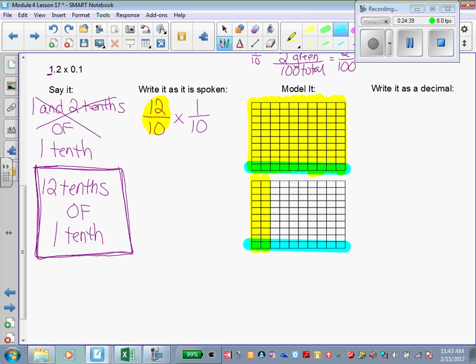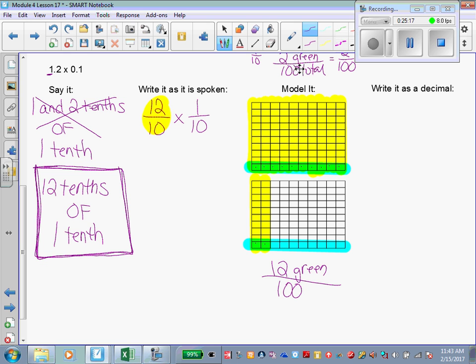And so looking now at just our green sections here, just the green ones, we have 1, 2, 3, 4, 5, 6, 7, 8, 9, 10, 11, 12 green. And I know that we might want to say that it's out of 200, but we're only counting it out of 100. You only count it out of one unit, one box, which is 100 total.